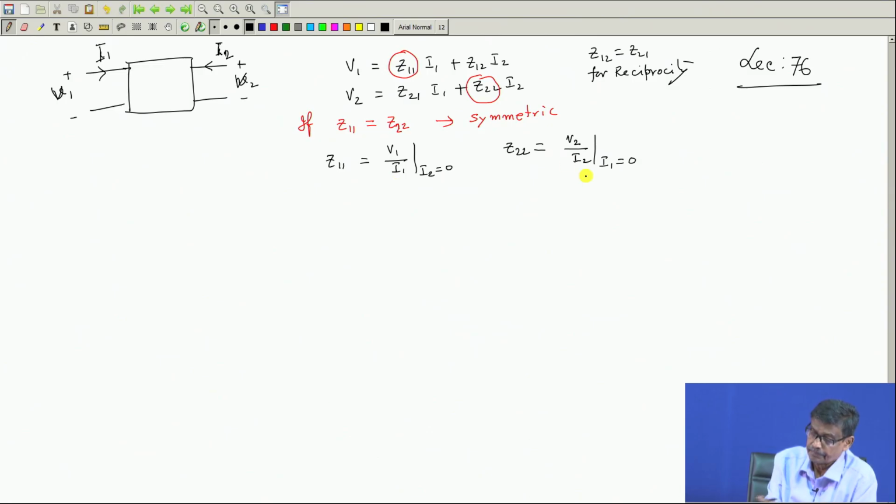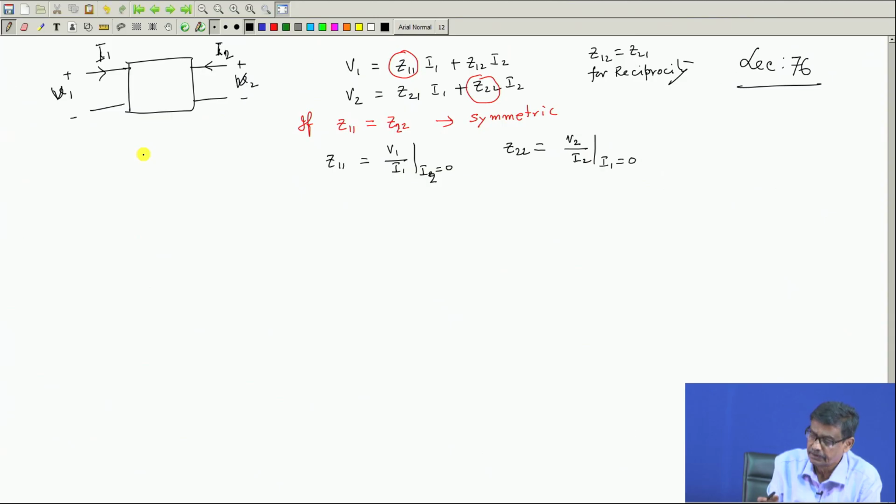If these two ratios are the same, under the condition that the secondary is open circuit, that is, the driving point impedances are the same, then it is symmetrical. So, naturally this is the condition for symmetry, no matter in which form you describe the two port network, whether in short circuit admittance matrix or ABCD parameters or H parameters.